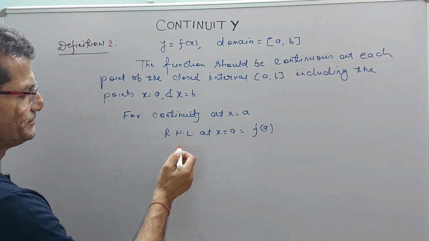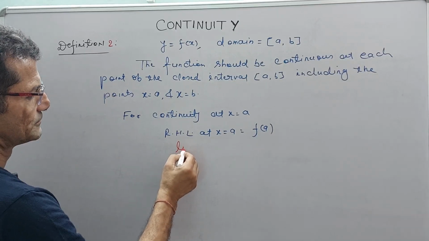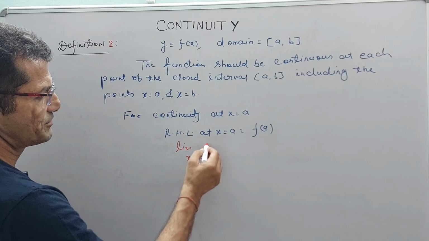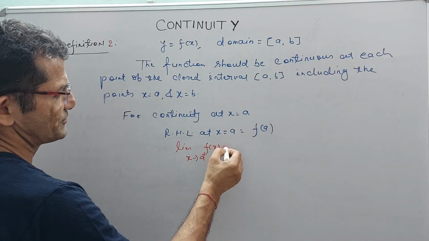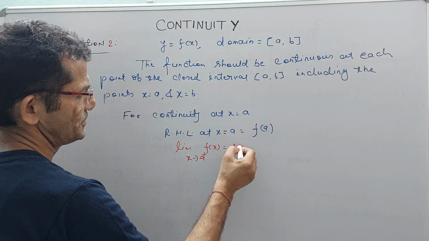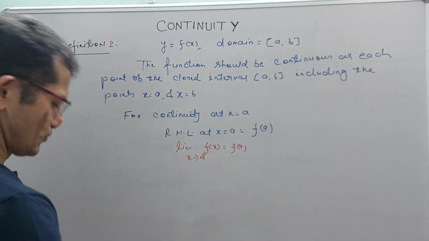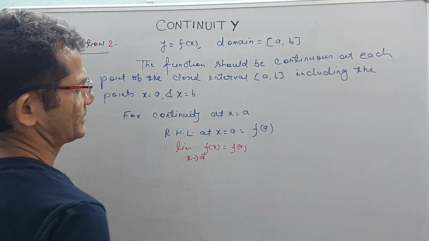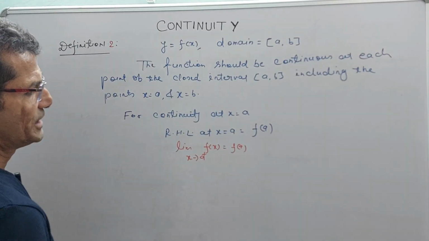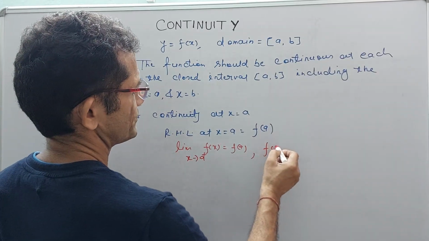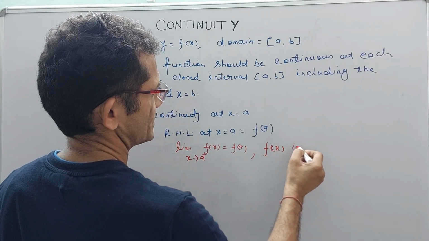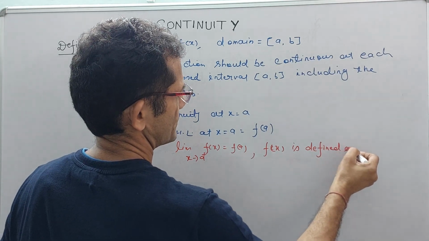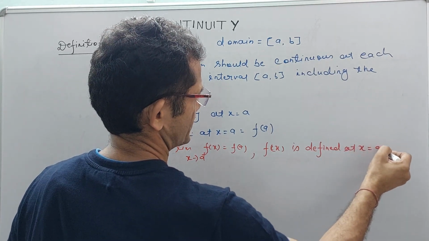It means that for the right hand limit, x tends to a plus, f(x) is equal to the functional value. If both are equal, both should be defined. f(x) should be defined at x equal to a also.